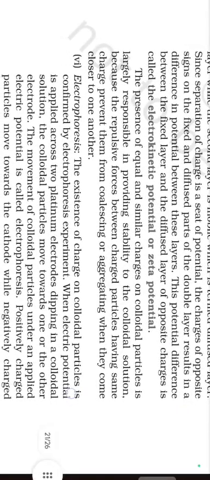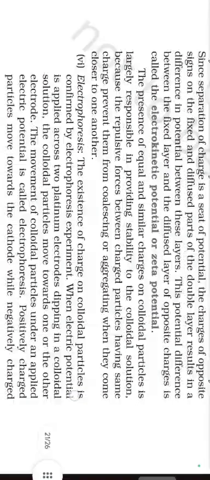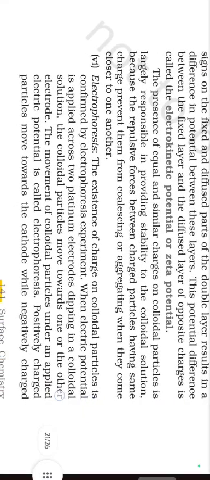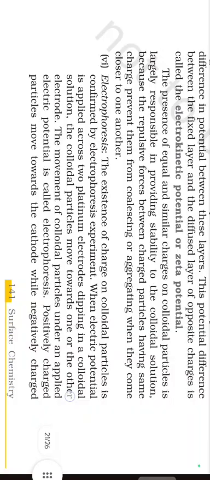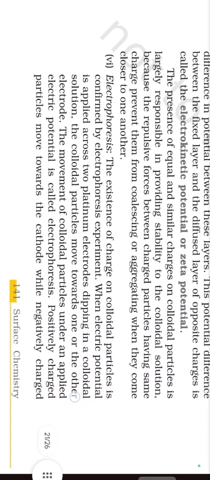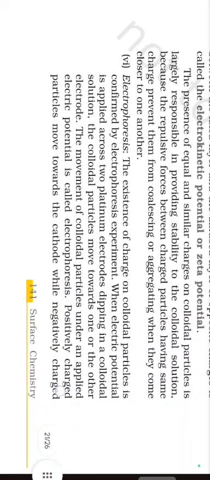Since separation of charge is a seat of potential, the charges of opposite signs on the fixed and diffused parts of the double layer result in a difference in potential between these layers. This potential difference between the fixed layer and the diffused layer of opposite charges is called the electrokinetic potential or zeta potential.